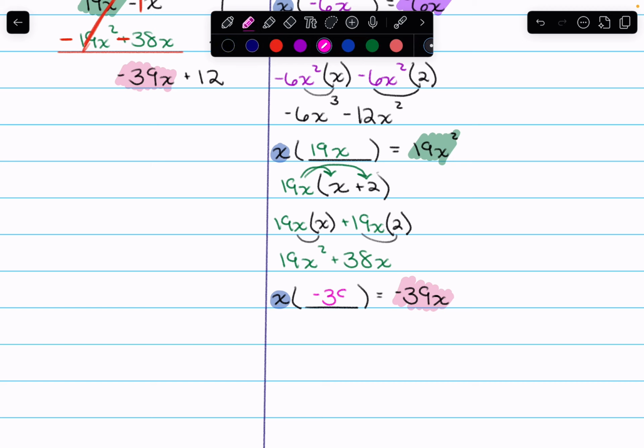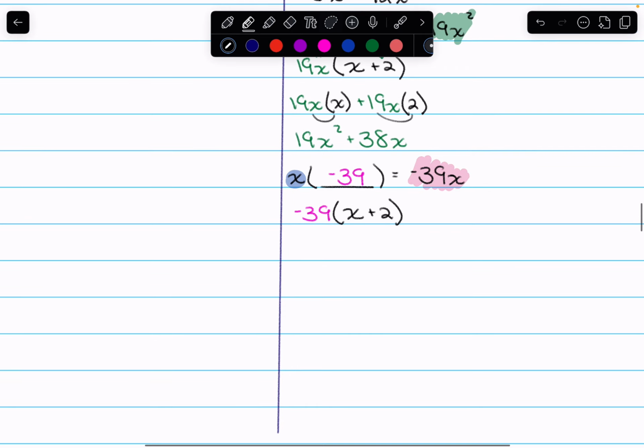Step 2, multiply the answer to step 1 by x plus 2, the whole divisor. Distribute and simplify. Negative 39 times x and negative 39 times 2.